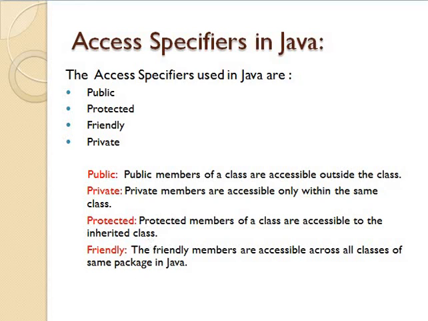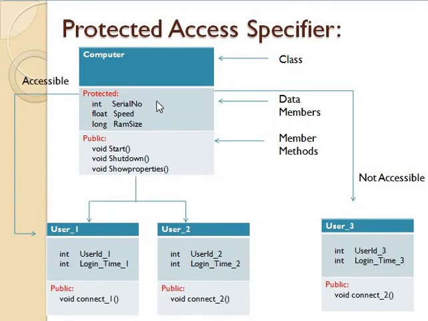That's why these data members, serial no, speed and RAM size, shall be accessible within their own class computer as well as to the classes user1 and user2, which are the inherited classes of the class computer. But these data members shall not be accessible to the class user3 because the class user3 is not an inherited class of the class computer.